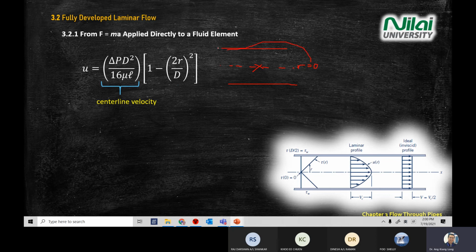It means you substitute R equals 0 here, cancel this whole thing. You straight away get the change of pressure. I did ask you how to find the change of pressure already. There's an equation just now. D given, mu from the table, length given, you're able to find velocity at the center of the pipe.